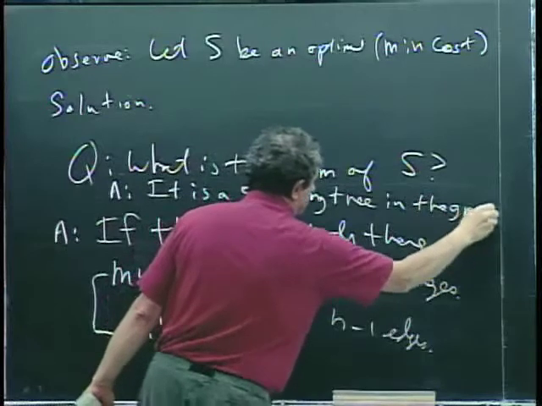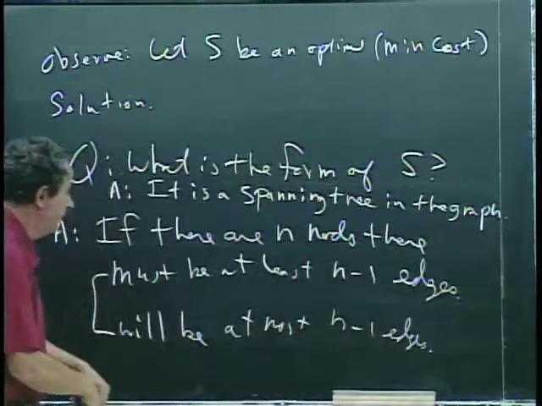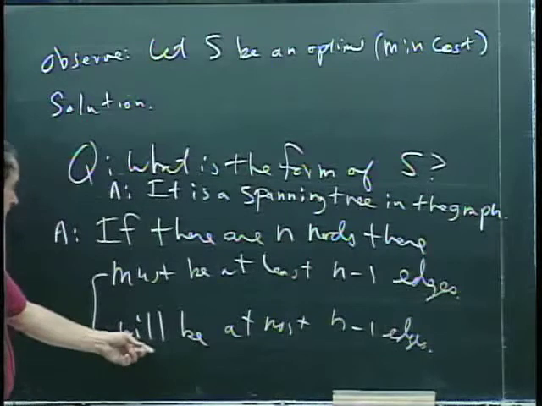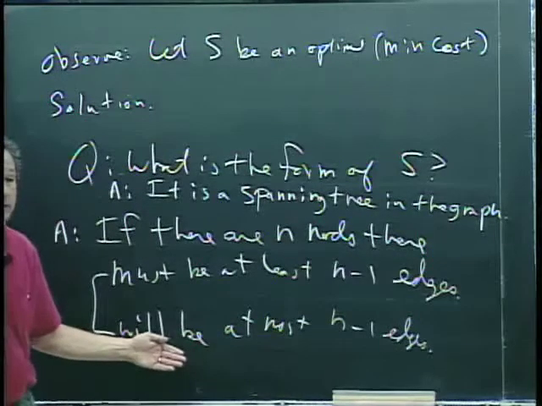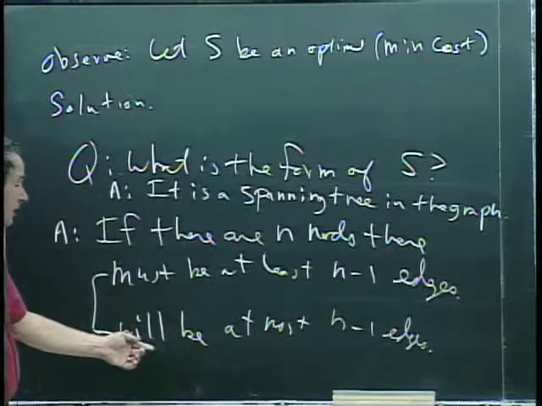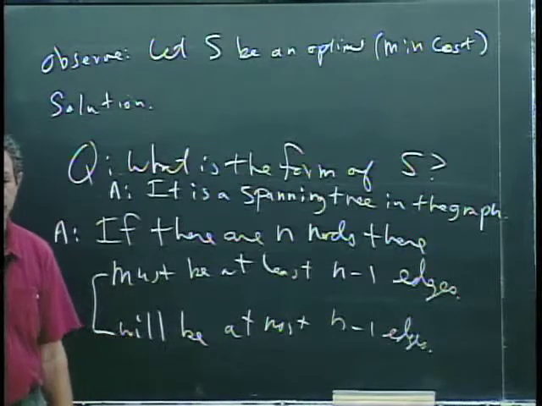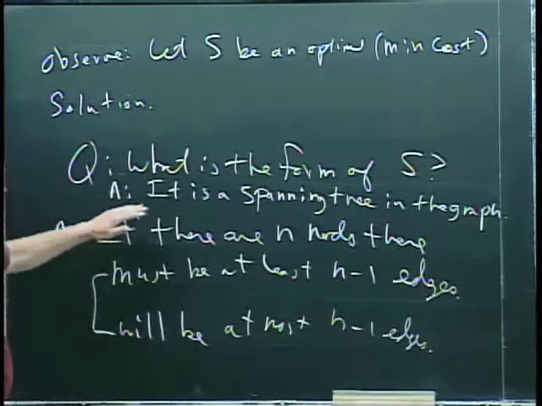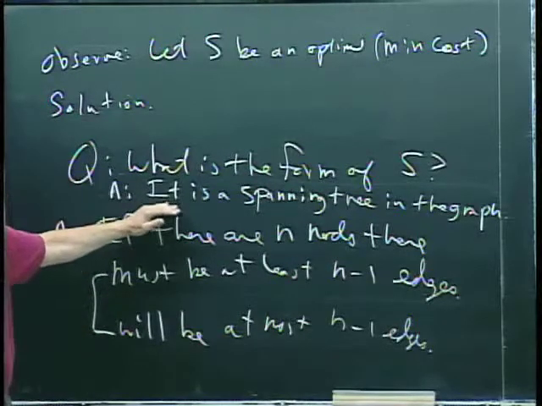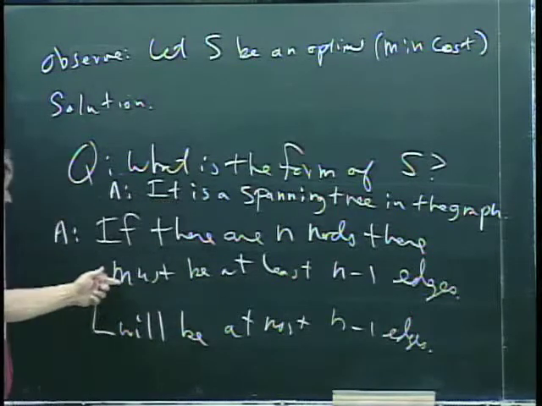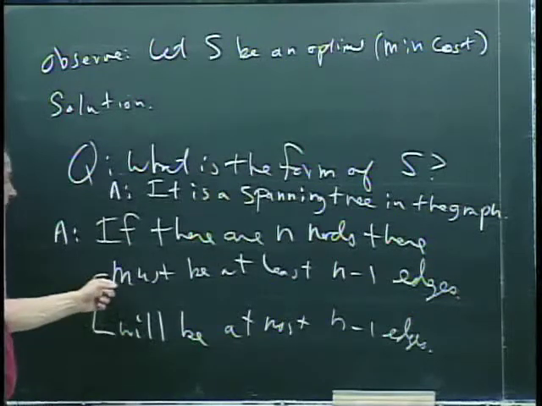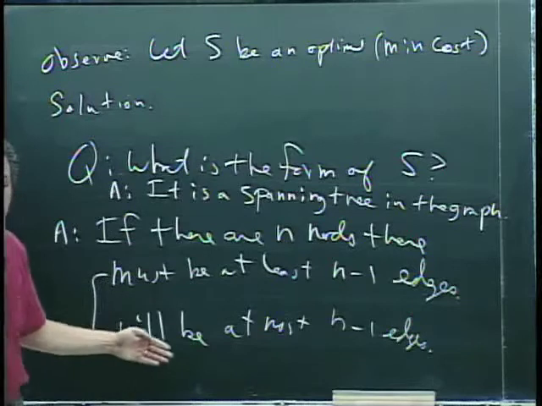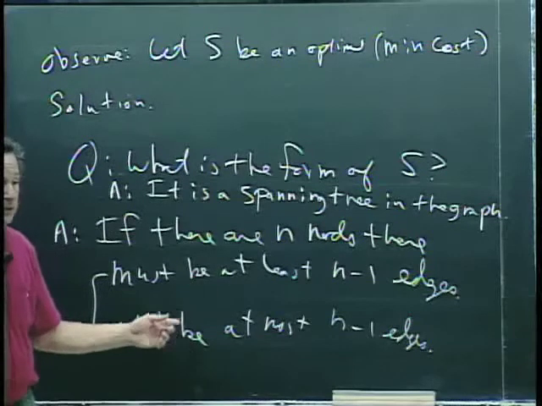Okay, and then it's a classic, very elementary theorem that you can prove easily by induction, that any tree on n nodes has n minus 1 edges. Okay, so the spanning tree, if the graph has n nodes, it'll have exactly n minus 1 edges, and that actually implies both of these, that it'll have at least n minus 1 edges, and it'll have at most n minus 1 edges, because in fact it has exactly n minus 1 edges.